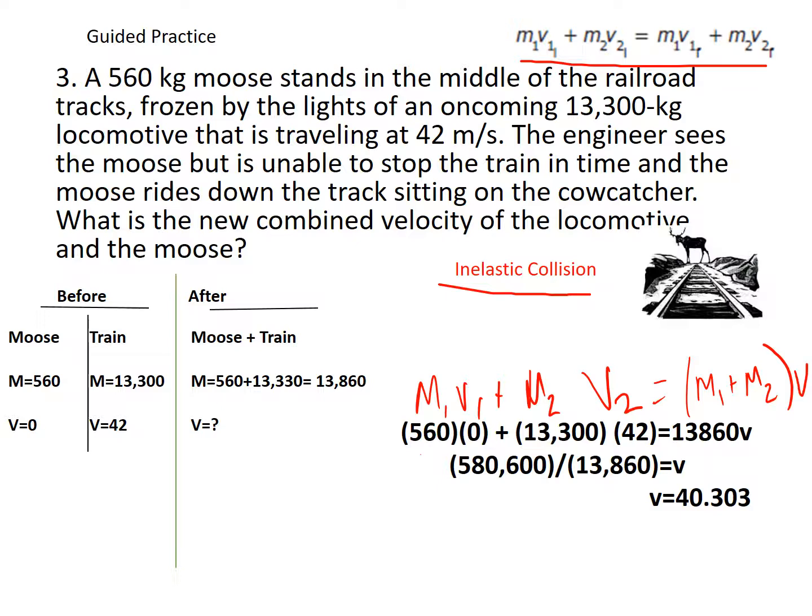So this is on the left, this is the moose, and then the train, equals the combined mass of the moose and the train, v. Okay, so to get v by itself, I divide both sides by 13,860, and we get our combined velocity of 40.303 meters per second.